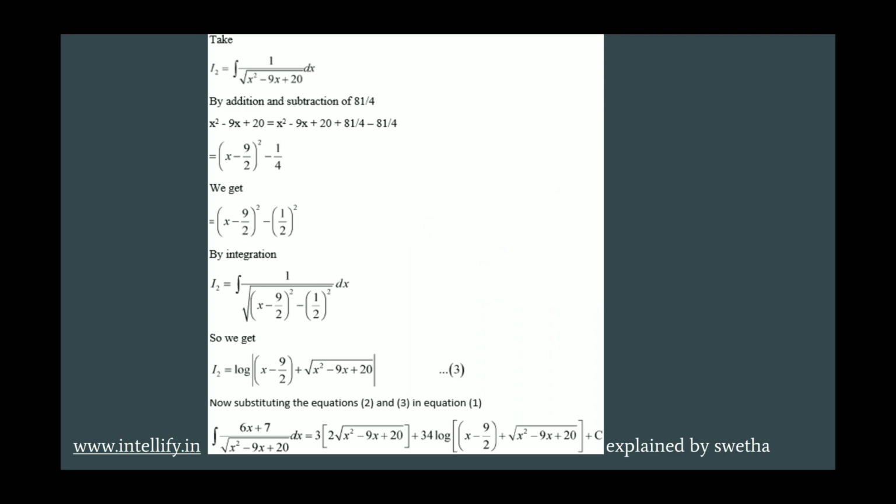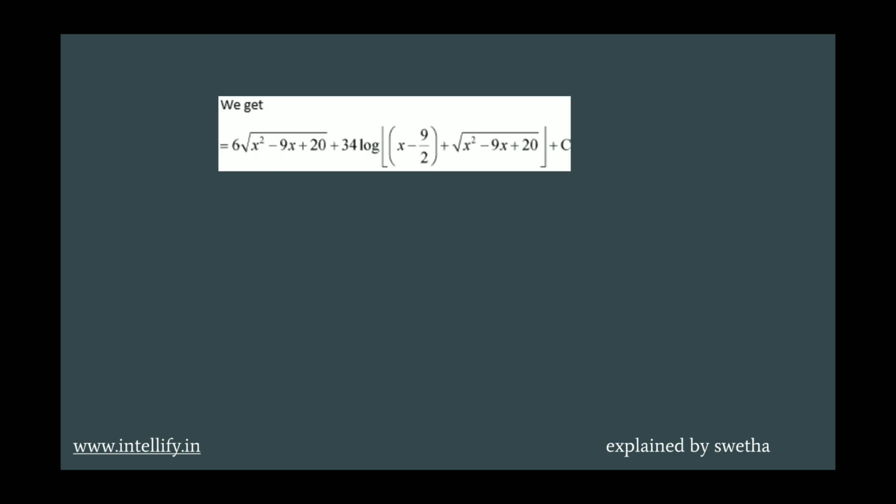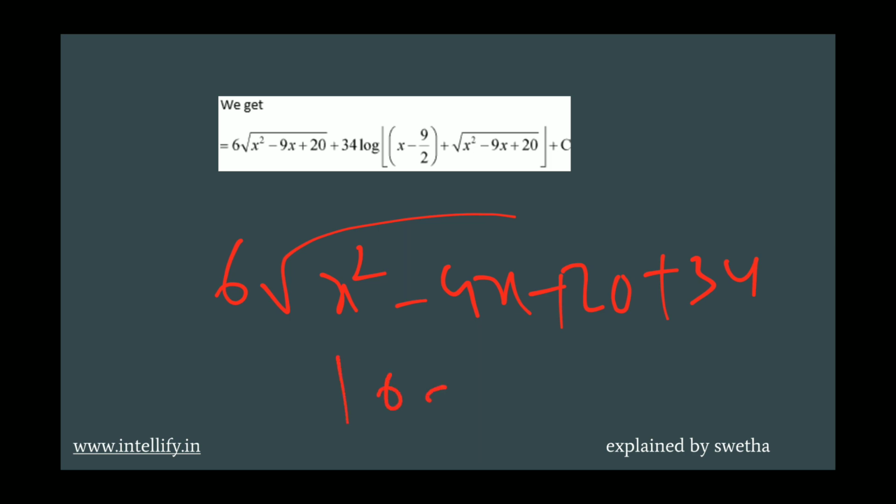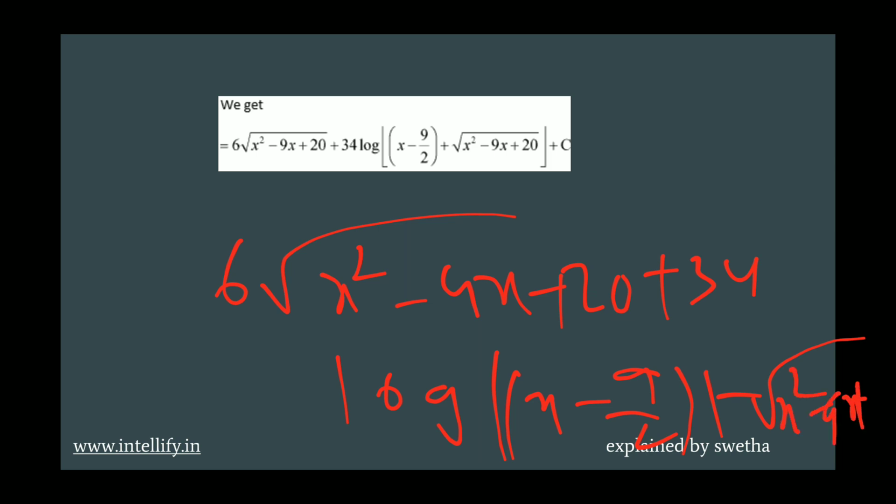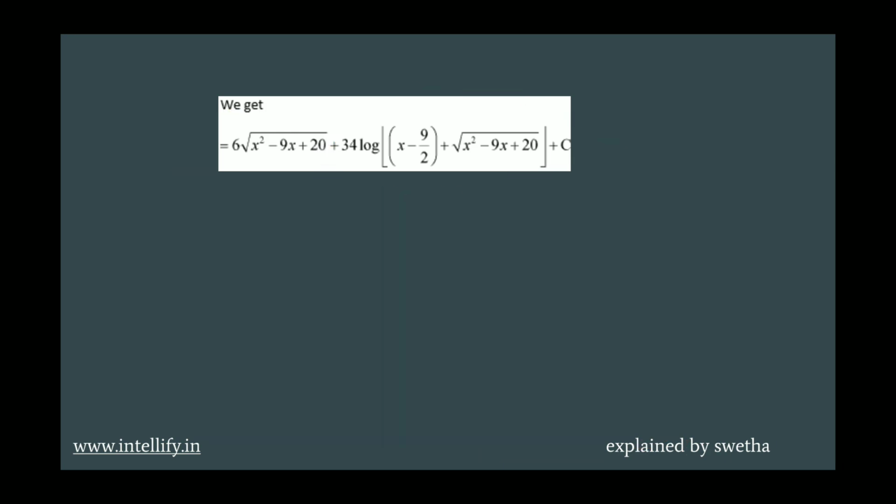Here c is the constant. So that equals 6 times root over x square minus 9x plus 20 plus 34 log mod (x minus 9 by 2 plus root over x square minus 9x plus 20). This is the value of the first term, and this is the value of the second term. We got the final answer, which is the combination of both I1 and I2 plus c. Here c is the constant, and thank you.